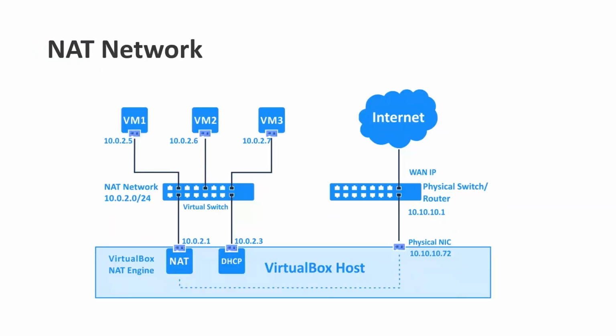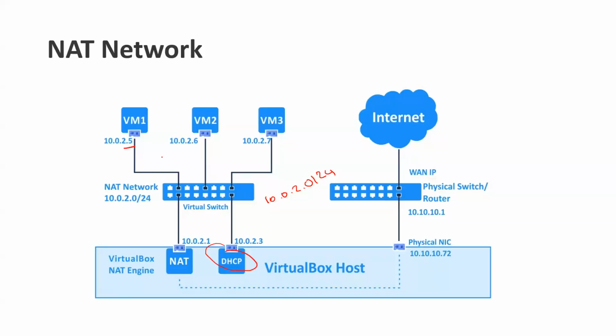The other one that we have is NAT network, which is similar to what we had in VMware. As you can see here, we have a DHCP server. The DHCP server gives an IP address in the range of 10.0.2.0/24, right?